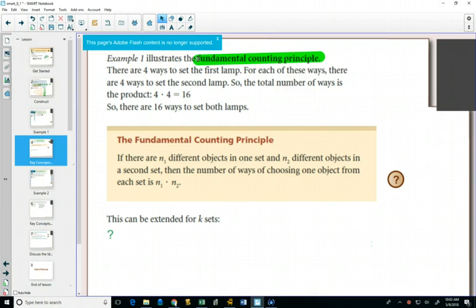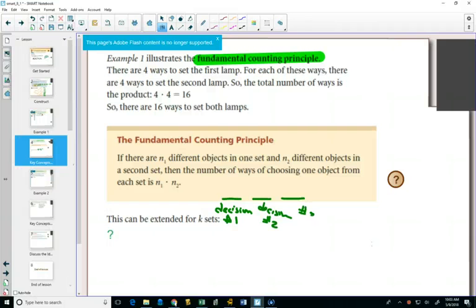Now, the way that I described it to you in the example is we are going to put a space, and each space, this one is decision number 1. This one is decision number 2, and then decision number 3.